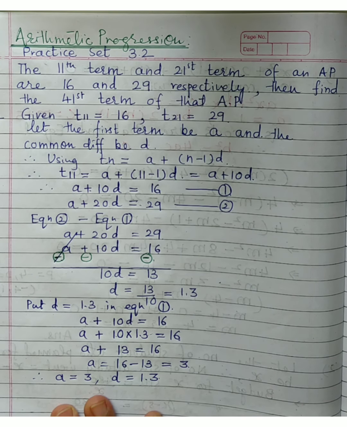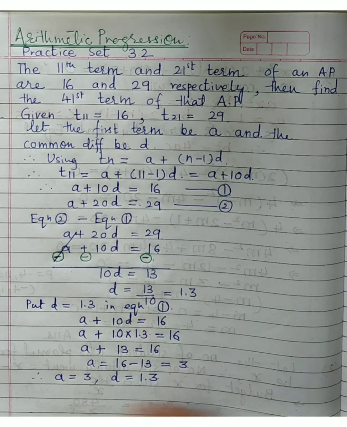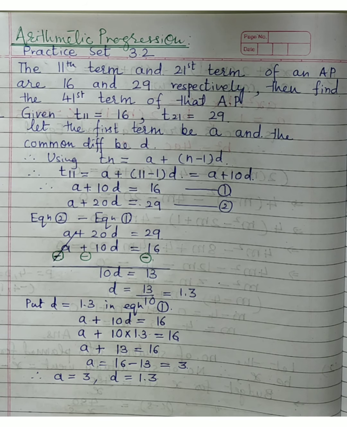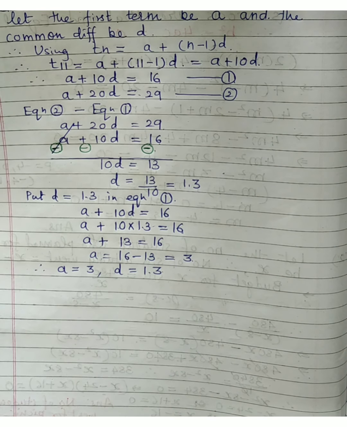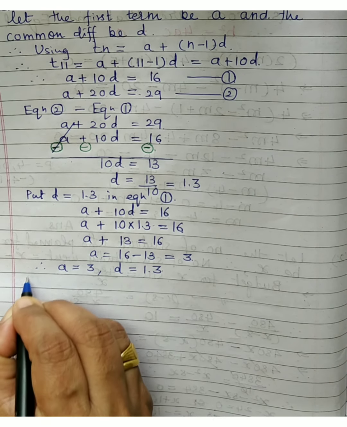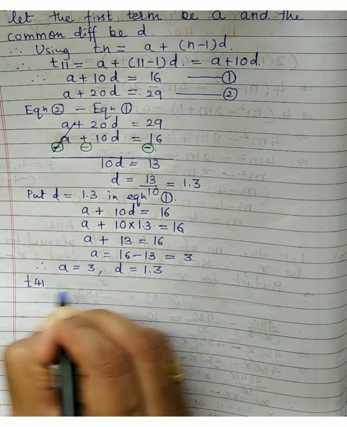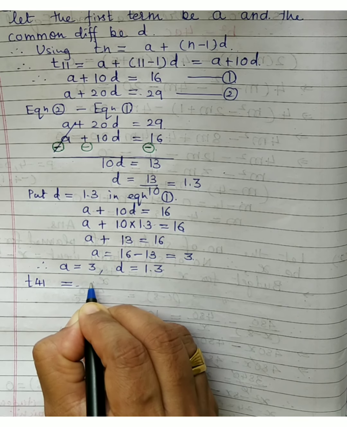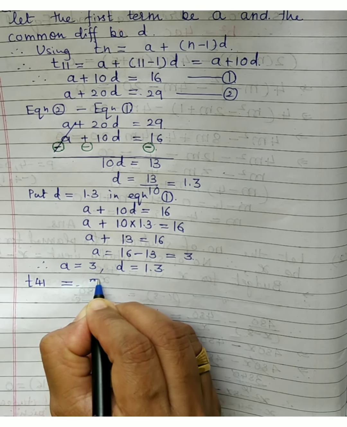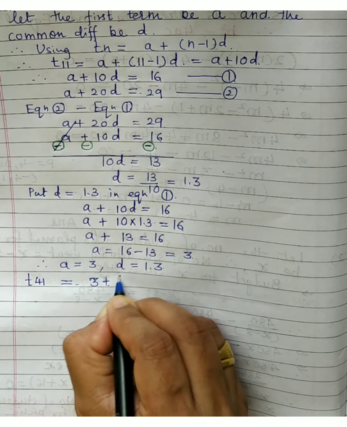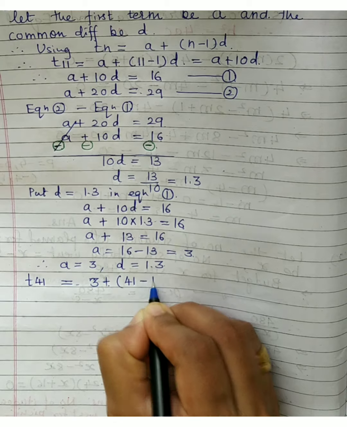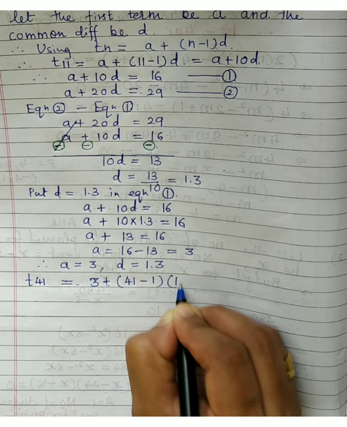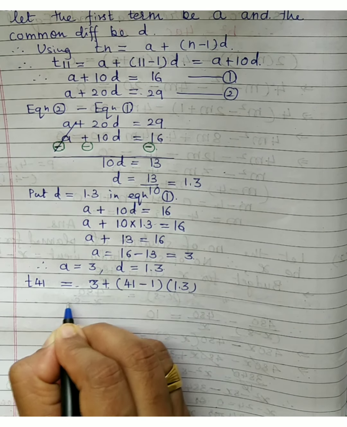Now for this AP, the first term and the common difference have been found. So any term at any place, any missing term, can simply be found here. So I have to find what? T41. T41 will be what? A is 3 plus n minus 1, that is 41 minus 1, right, into D, which is 1.3.